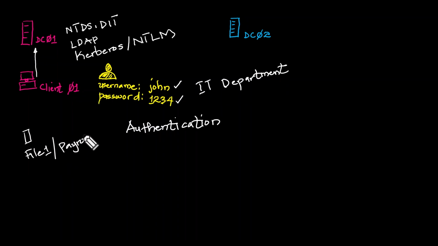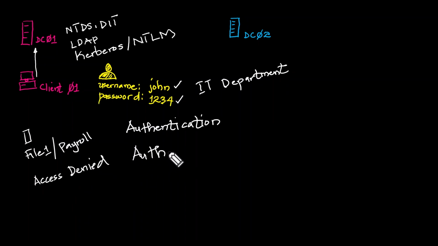So we know that John, as an IT user, shouldn't have access to a file that contains payroll information of all the employees within the organization. So even though John has been authenticated, when John double-clicks on this file to open it, John will get an error message called access denied, right? Access denied means that John is not authorized to access that file.